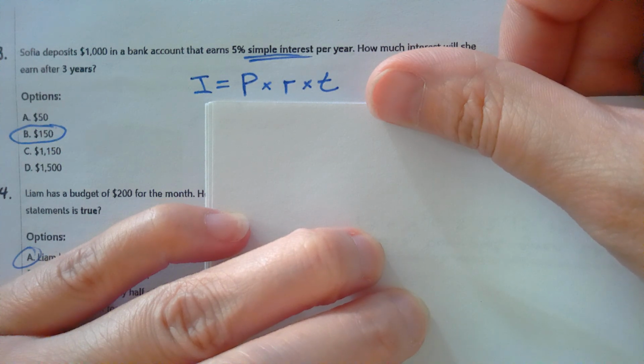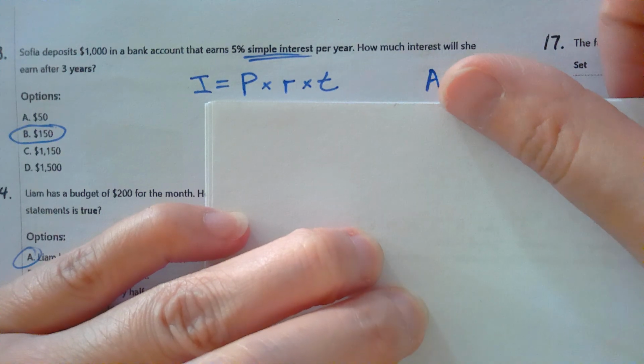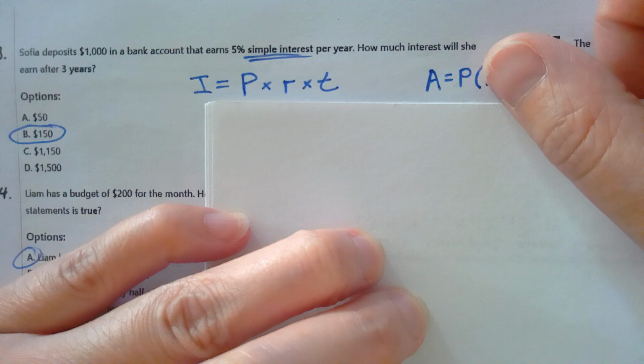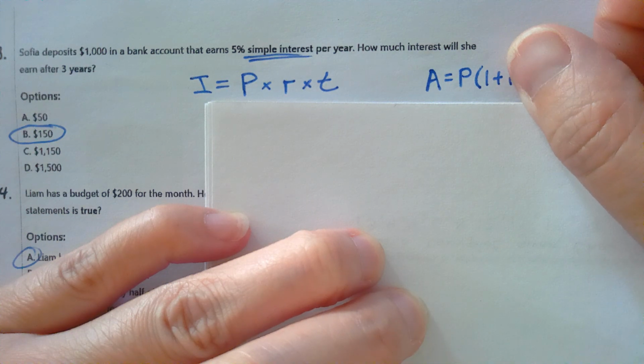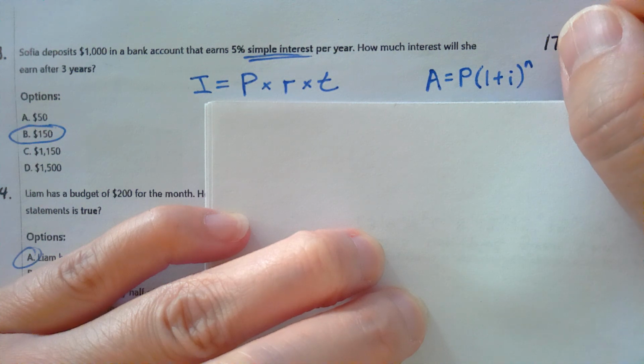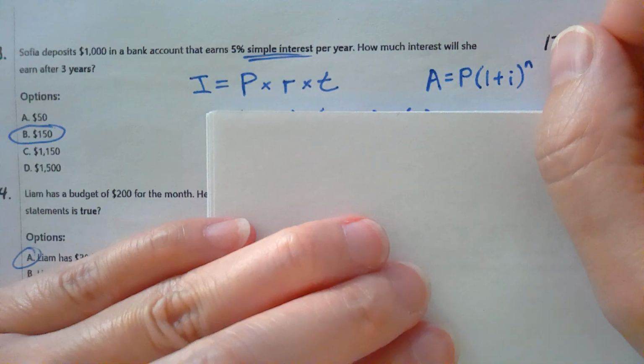Who remembers the compound interest formula? Kavya. A equals P times (1 plus i) to the exponent of n. Oh, so close. Do you need to know these two formulas? Yes. Okay, so make sure you memorize those.